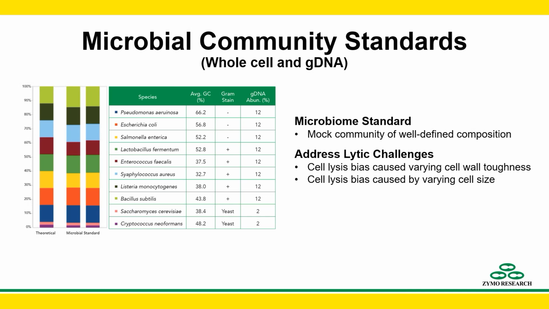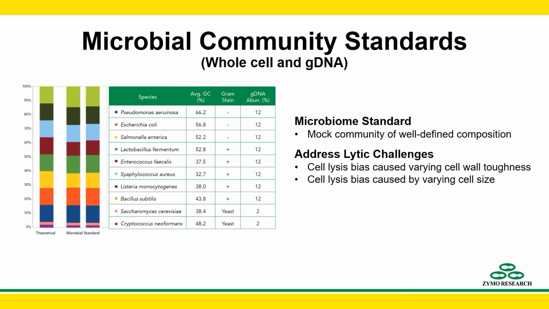One of the ways that this was accomplished was by having a known relative composition mixture containing gram-negative microbes such as Pseudomonas, E. coli, and Salmonella that tend to be very easy to lyse, gram-positive microbes such as Lactobacillus, Enterococcus, Staph, Listeria, and B. subtilis that tend to be much more difficult to lyse, and two yeasts, including Saccharomyces and Cryptococcus, and these tend to be both extremely difficult to lyse but also very different cell size, which can affect lysis itself.